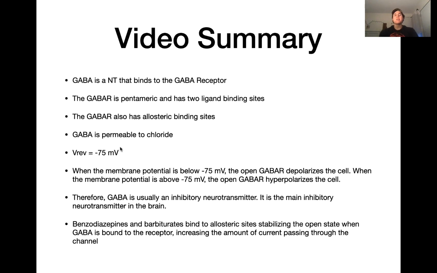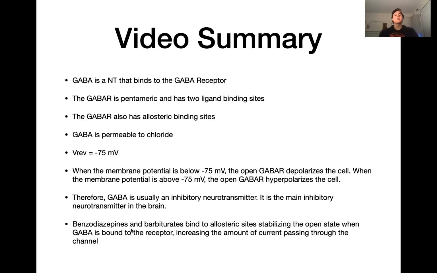Now, the GABA receptor, as we saw, is permeable to chloride, and the reversal potential for the GABA receptor is negative 75 millivolts. We saw that when the membrane potential is below negative 75 millivolts, the open GABA receptor depolarizes the cell, and when the membrane potential is above negative 75 millivolts, the open GABA receptor will hyperpolarize the cell. Therefore, GABA is usually an inhibitory neurotransmitter, and it is the main inhibitory neurotransmitter inside the brain.